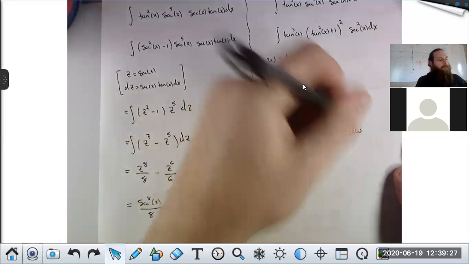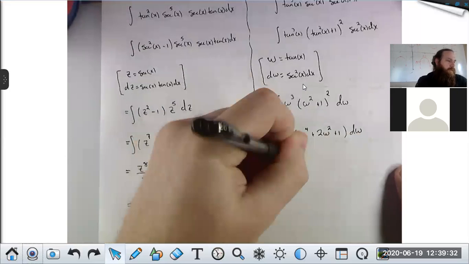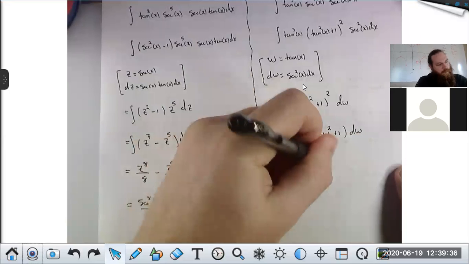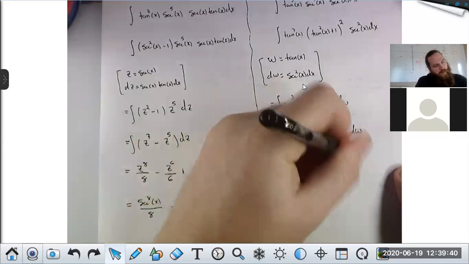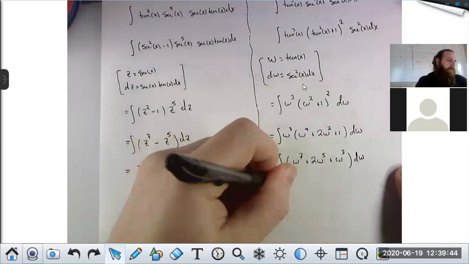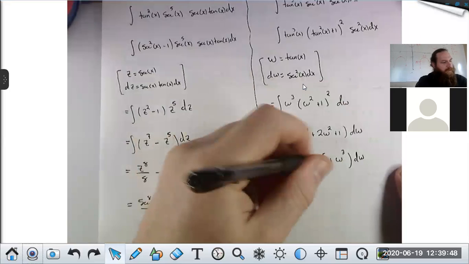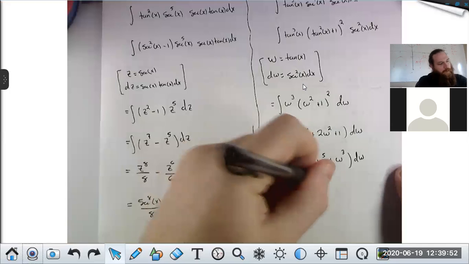There's the foiling. Then we distribute. And then the integration step. This would be 2/6 or w to the 6 over 3.